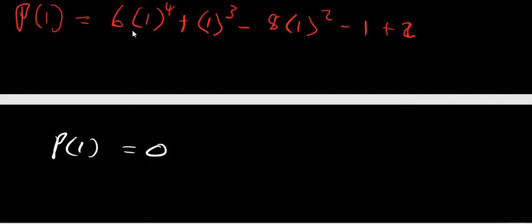When you work it out, 6 plus 1 is 7, 7 minus 8 is negative 1, negative 1 minus 1 is negative 2, plus 2 is 0. So p of 1 is equal to 0.